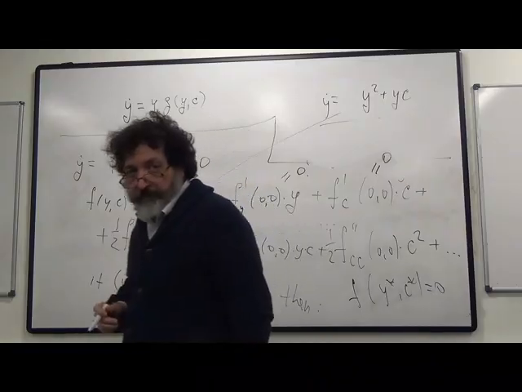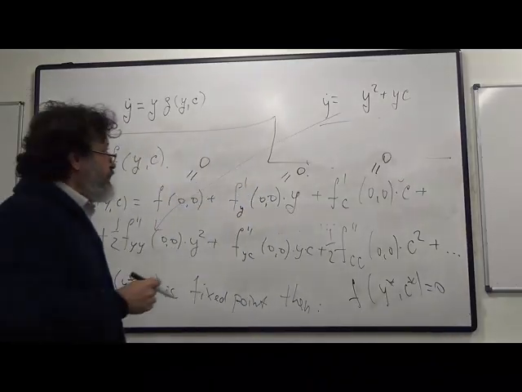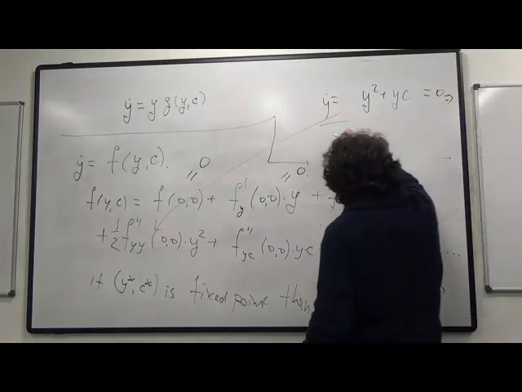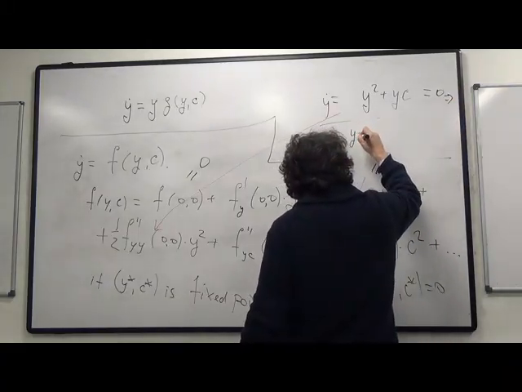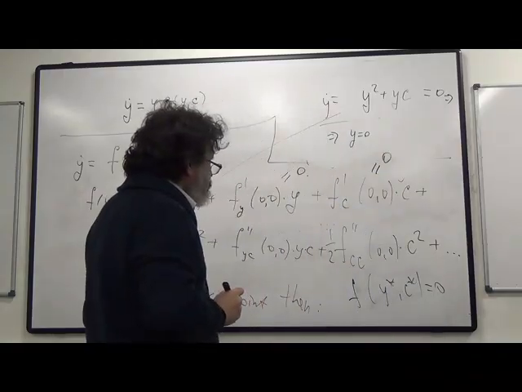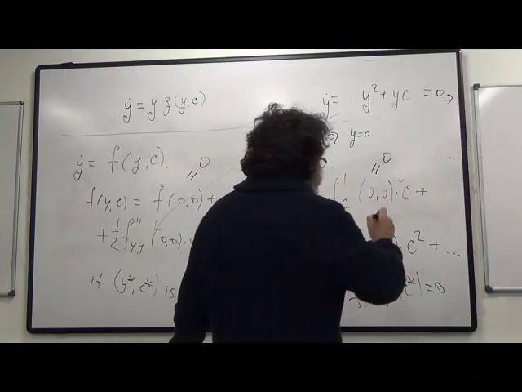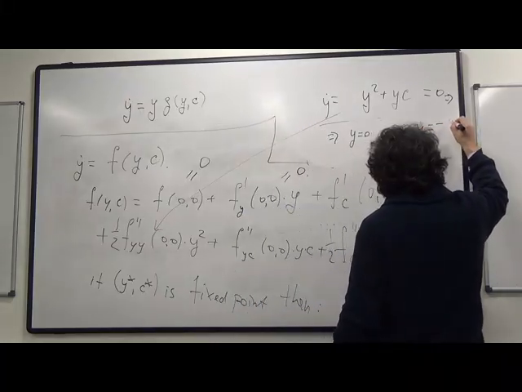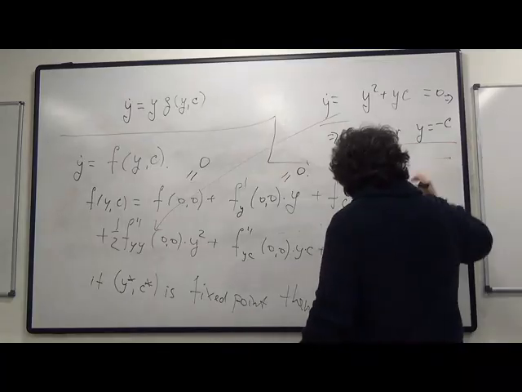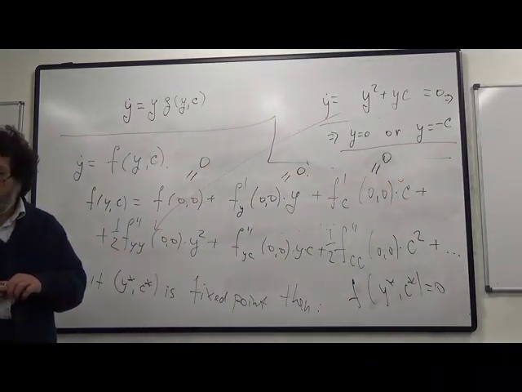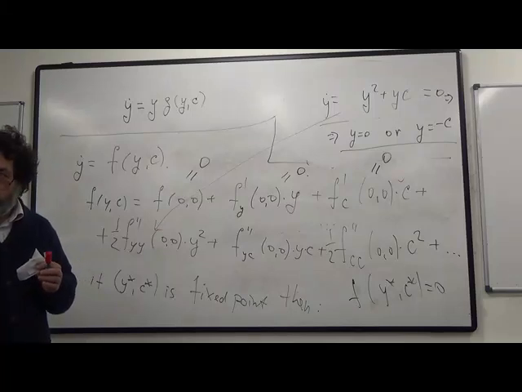For example, you see here, if we say this is 0, from this it follows that either y is 0 or y equals minus c. We always have two roots.